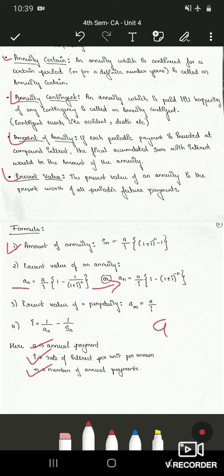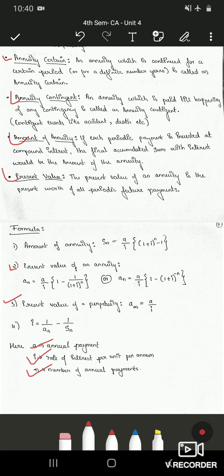This is of the form a raised to minus n. We have learnt in indices that we can write it as 1 by a raised to n. Using this we can write another formula, writing the same formula in other terms. So this is the formula for present value.